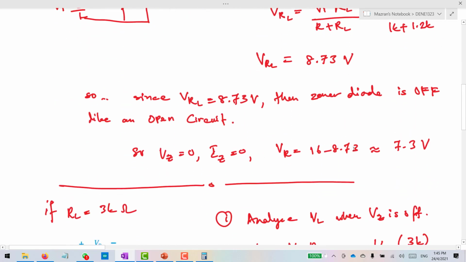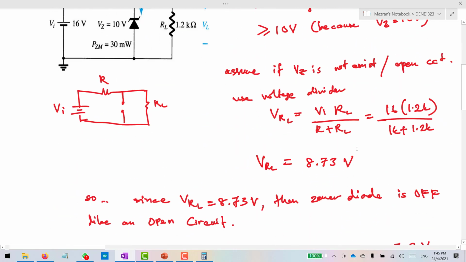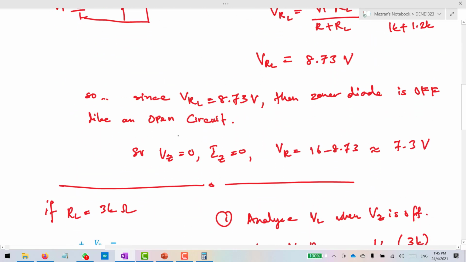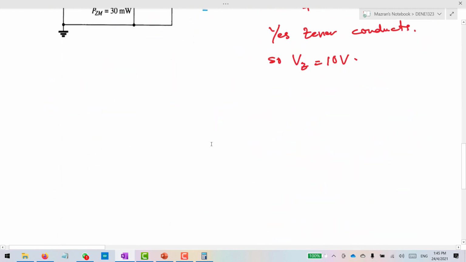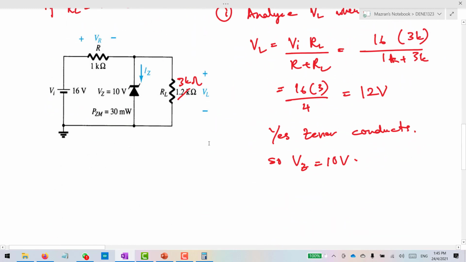Oh, sorry. Previously, when I said VZ is 10 volt, is incorrect. Okay, VZ is actually voltage across RL, which is basically VRL. Okay, sorry for the mistake. So make sure you get this correction right. So VZ is 10 volt.